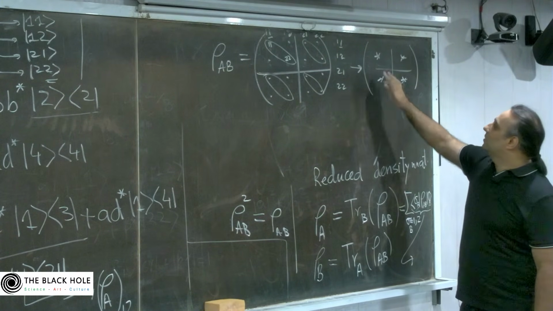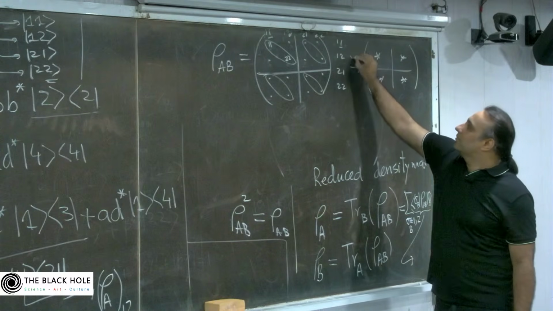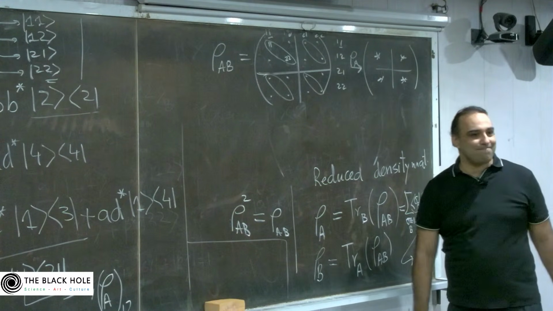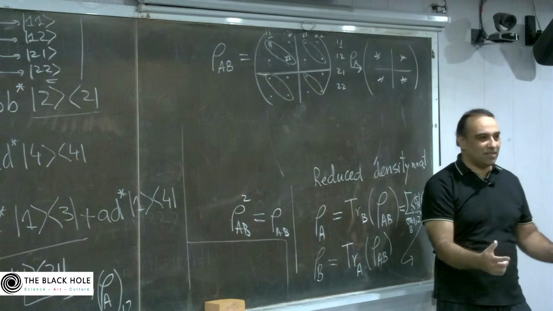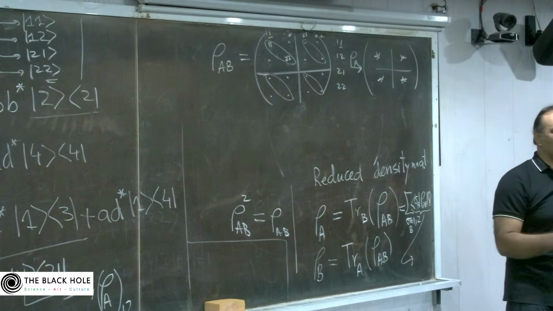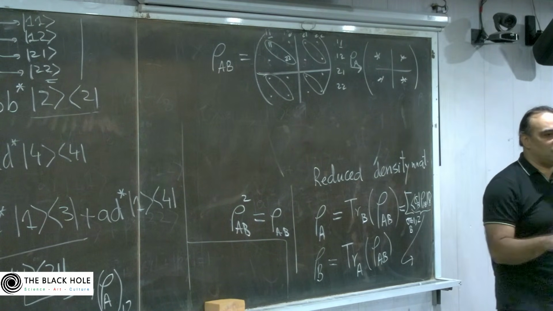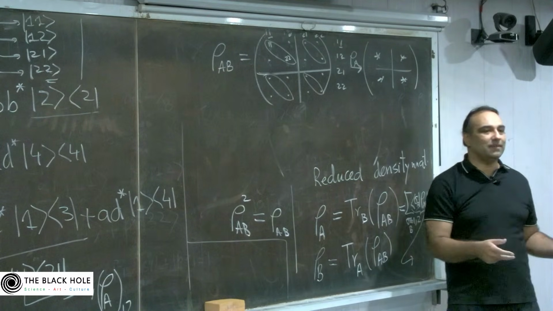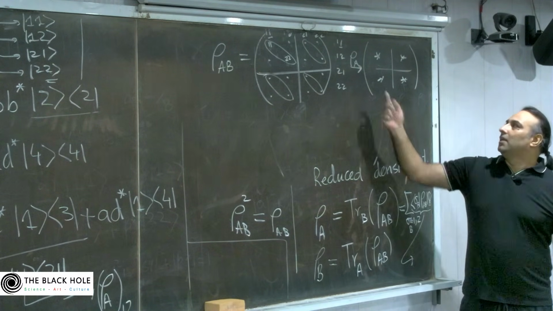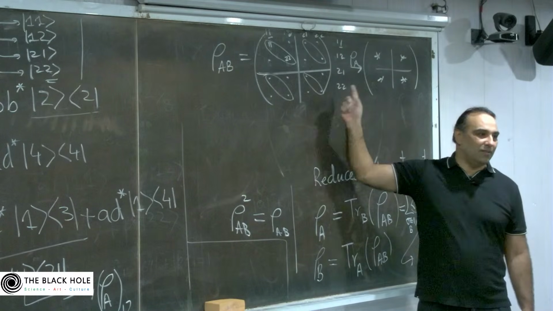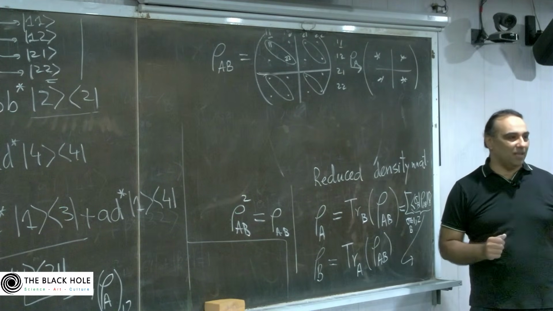Okay? So this would be row A. So if you have a density matrix of a composite system made up of 2 2-level systems, or 2 qubits or 2 spin halves, then you can do this and you get the density matrix of A.